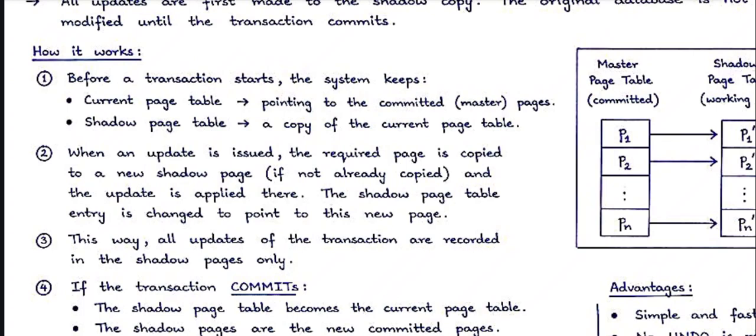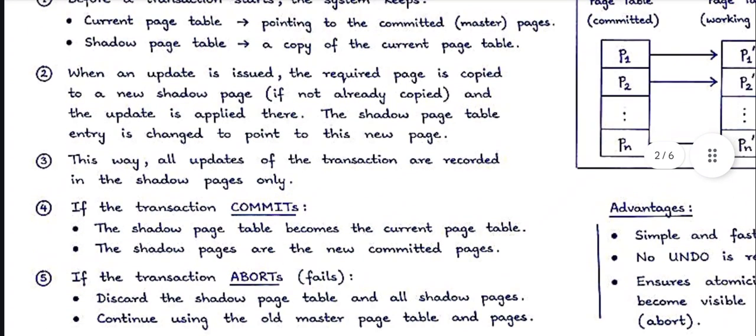The shadow page table entry is changed to point to this new page. This way, all updates of the transaction are recorded in the shadow pages only. If the transaction commits, the shadow page table becomes the current page table. Shadow pages are the new committed pages.